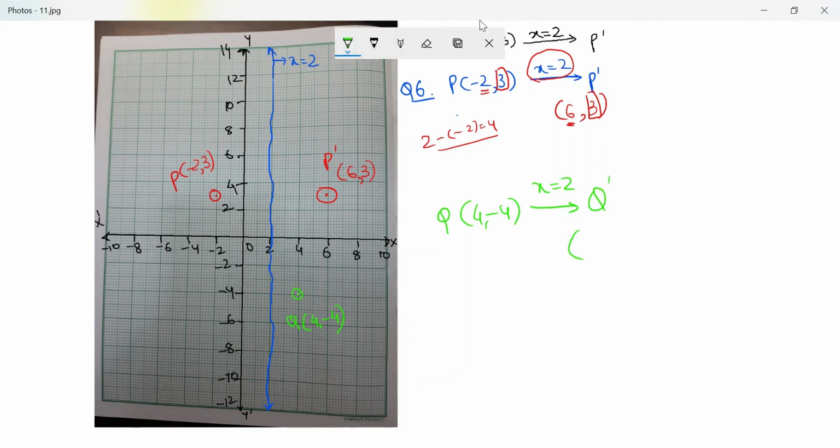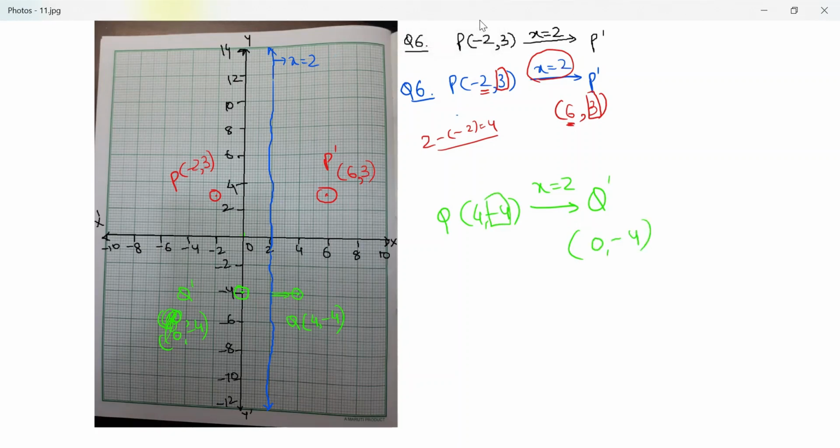So here it will be reflected behind the mirror because this side is the front. How far is it? 1 box, which means it will be 1 box behind, and this will be Q dash, which is 0, negative 4. Sorry, my mistake.